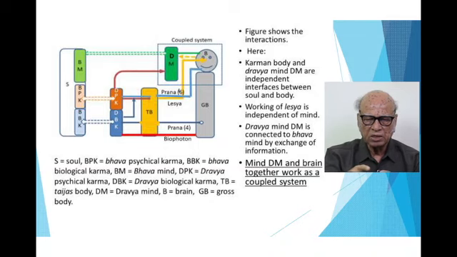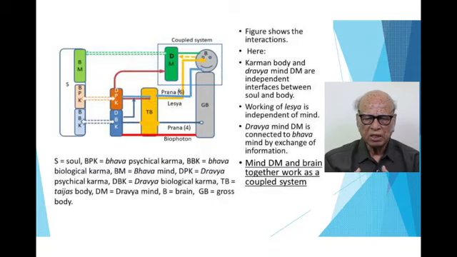You'll find that yellow line coming from the tejas body, going up and interacting with the endocrine glands in the brain, the pituitary or hypothalamus.